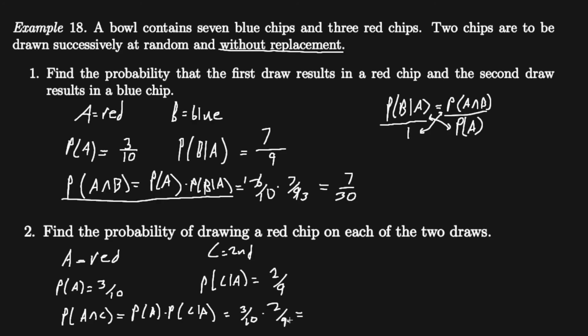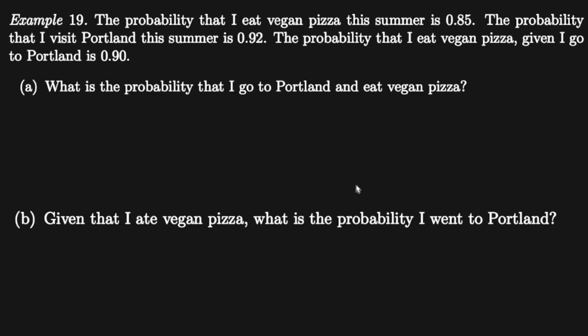We can simplify this 3 and this to 1, giving us 2 over 30. We can simplify this even more: 1 over 15. So now we can move on to example 19.